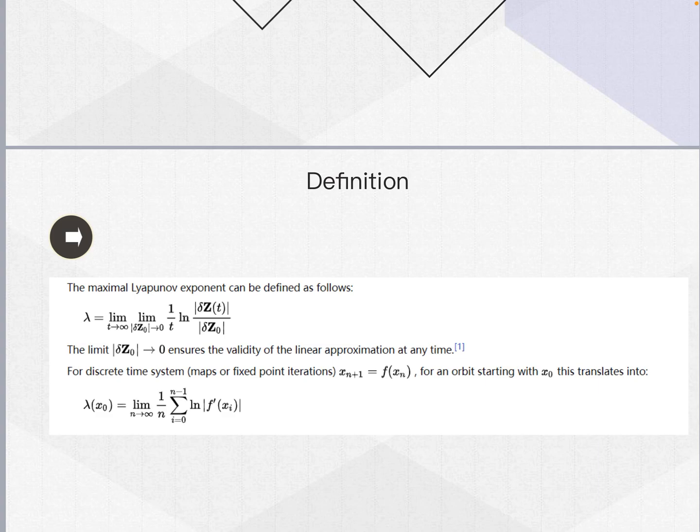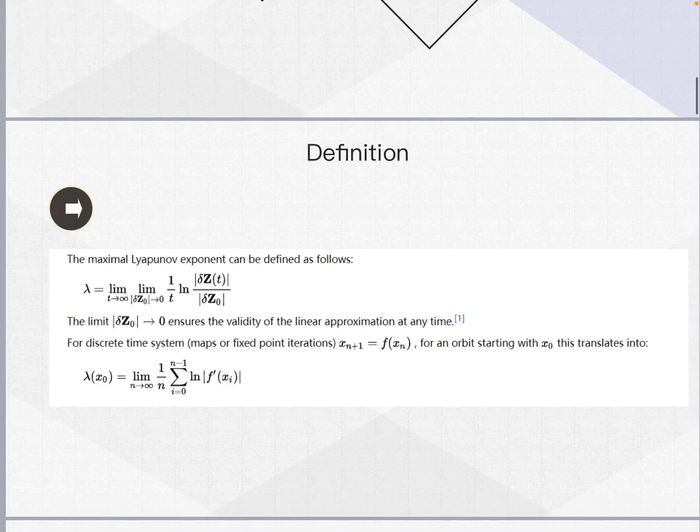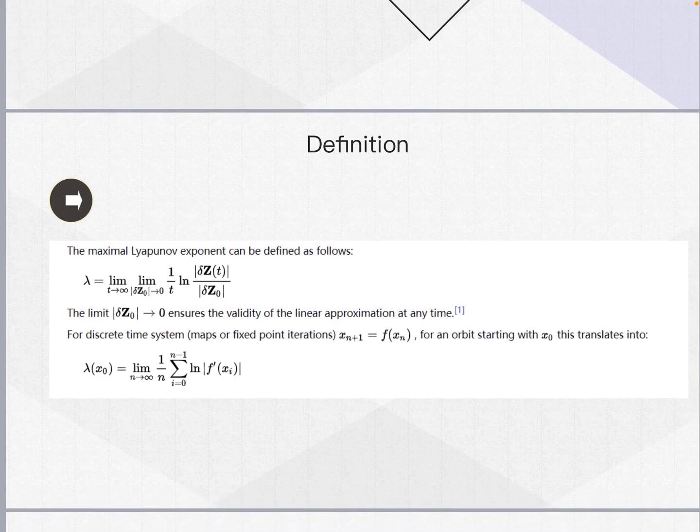And the maximum Lyapunov exponent can be defined as follows: lambda equals the limit of, equals to 0, like this.